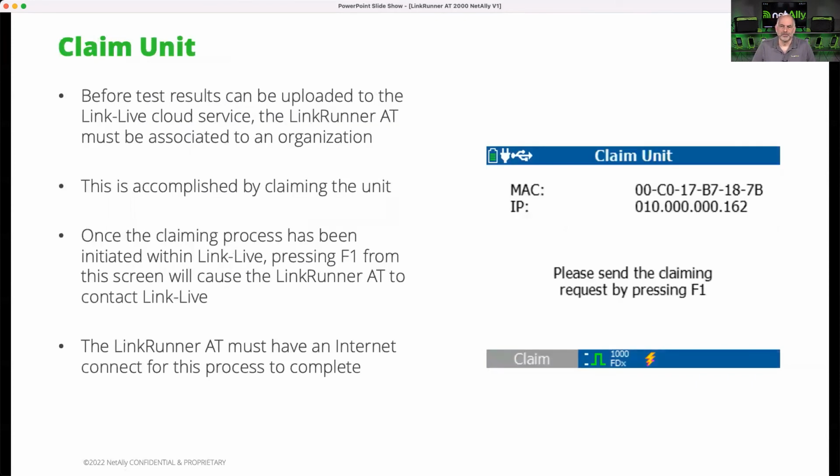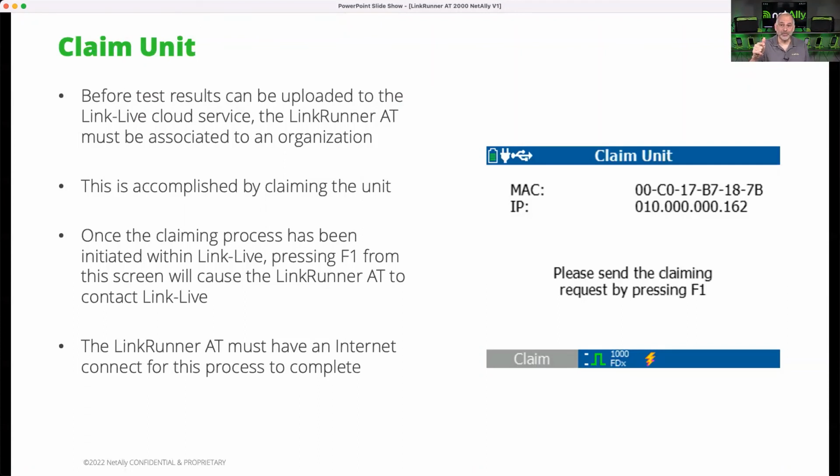Claiming a unit. If you have a LinkRunner AT, sign up for Link Live. It's a great way to manage your test results. What you do is set up your Link Live organization, and it'll pop a screen right up and say, hey, do you want to claim one of the units? Select the LinkRunner AT. This will show us what our MAC address is. Here we see we have an IP.